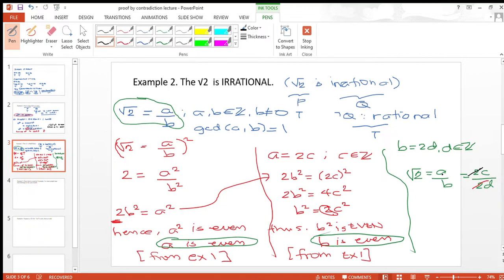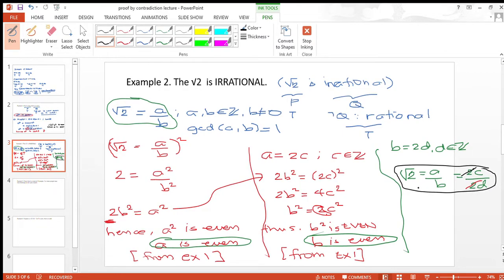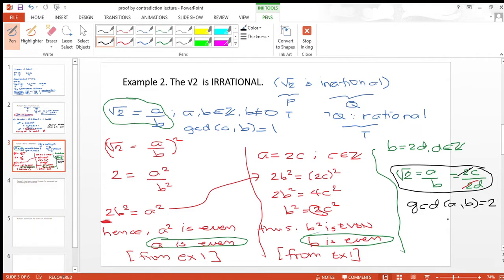Since a is even, b is even, a is 2 times c, b is 2 times d, what's the implication of this line here? The implication of this line here is that the greatest common divisor of a and b is equal to 2.